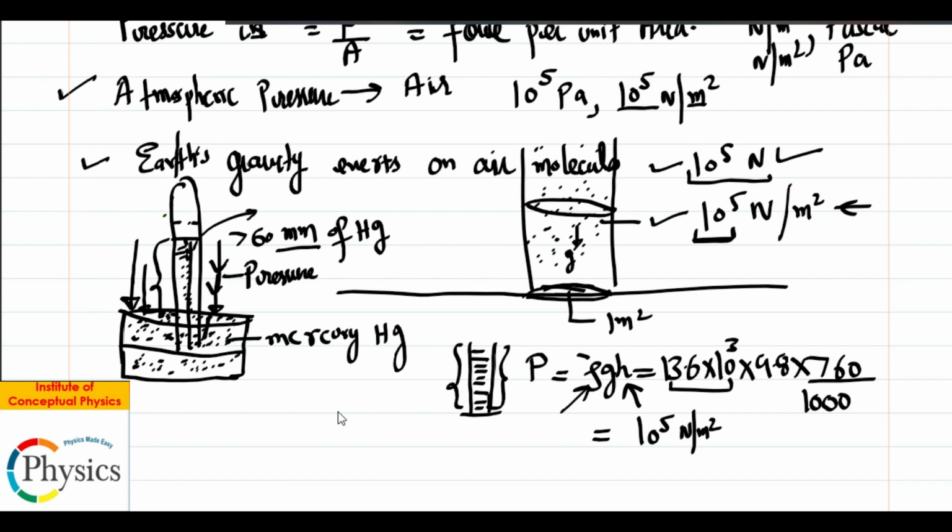Water's density is only this much. And if you don't have mercury, then this height will go up drastically by a factor of 13.6, which was coming from mercury's density. So we don't use water or other liquids for building instruments to measure pressure, such as barometers. But this was the crux.